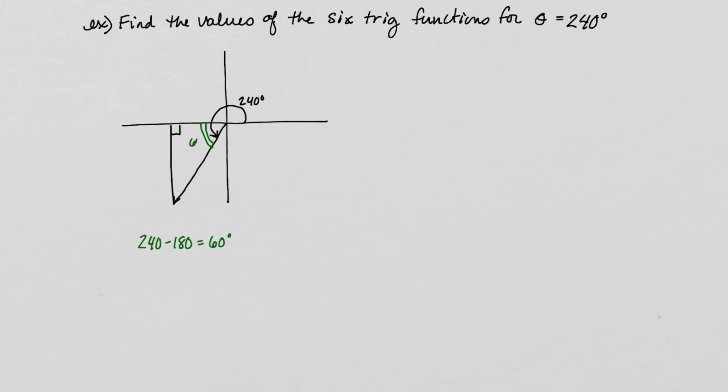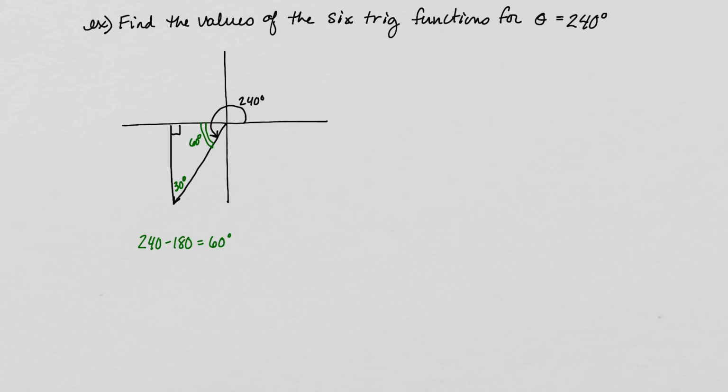So this reference angle here is 60 degrees. So what we have is one of those special right triangles, 30, 60, 90, right? So I have the 90 degrees, the 60 degrees, that makes this 30 degrees. Because remember, all the angles in a triangle have to add up to 180 degrees.